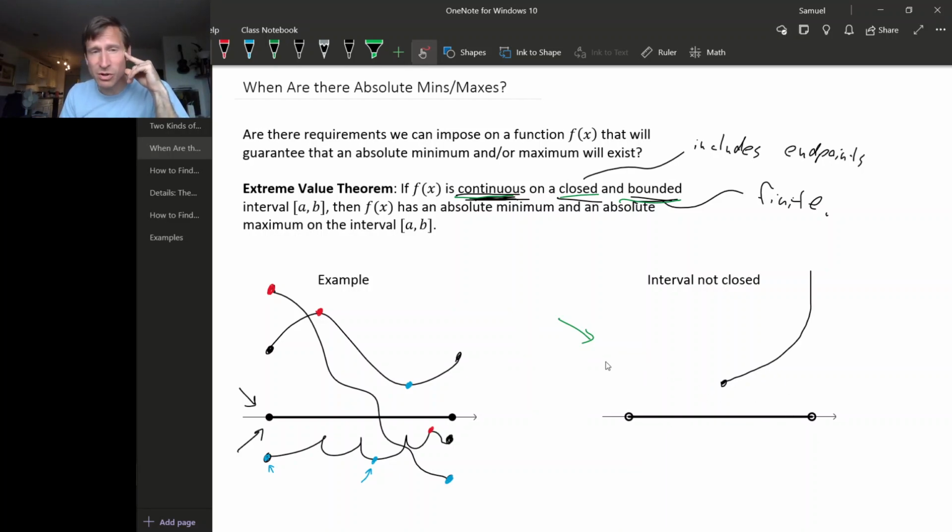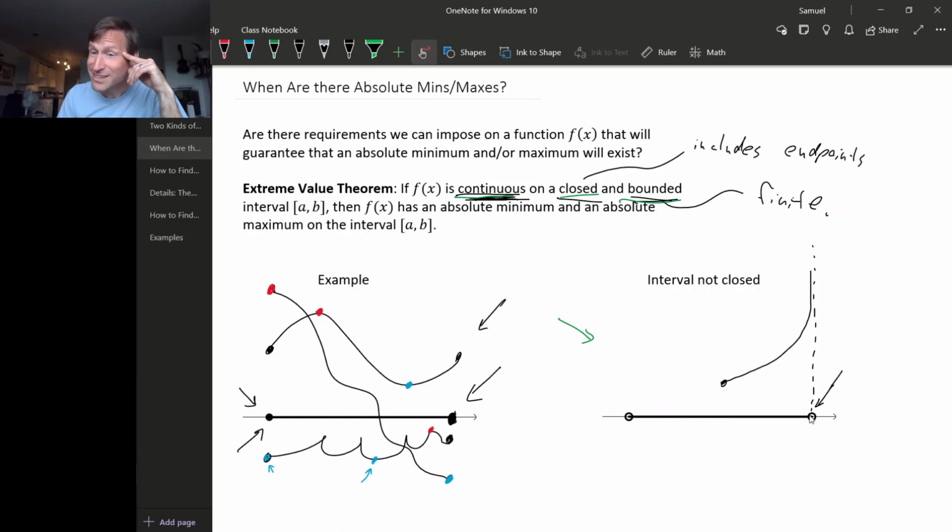This wasn't possible when the interval was closed because we have this vertical asymptote, and this function isn't defined at the x value that produces this asymptote. That would be a problem if the interval were closed, because we have to define the function at the endpoint, since the endpoint is part of the domain.